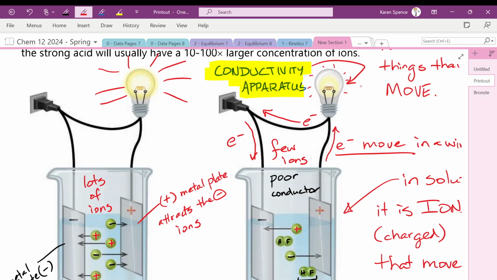So the first thing we're going to do is start with plain old water. And you're going to decide, do you think it's going to conduct? If it does conduct, will it conduct well or will it conduct poorly? Plain water out of the tap. Discuss with your partner.